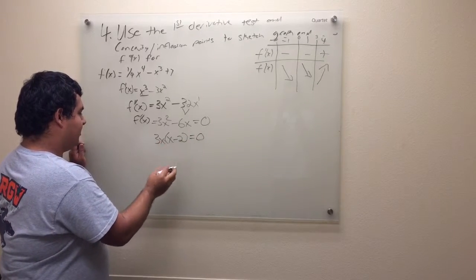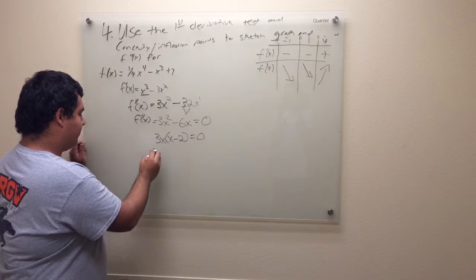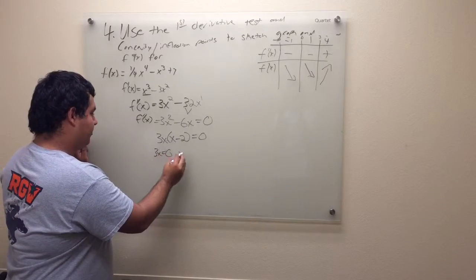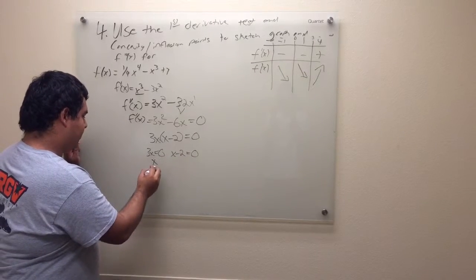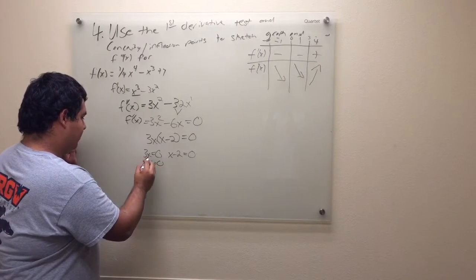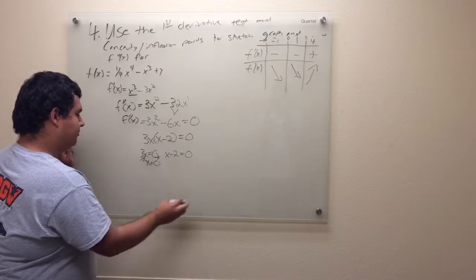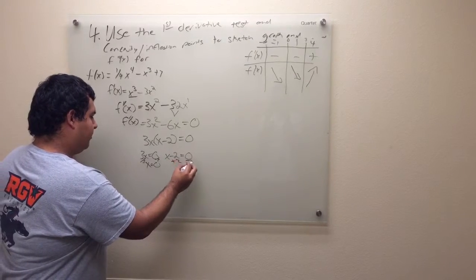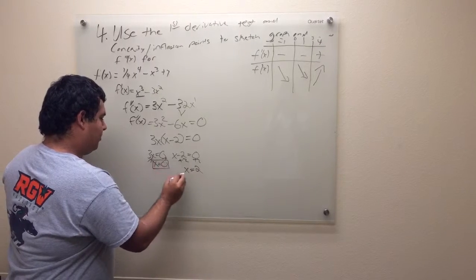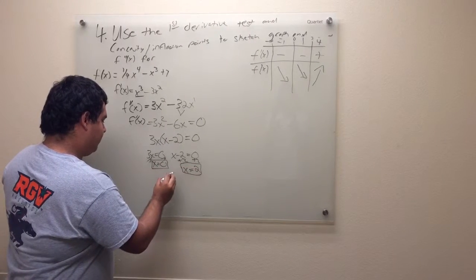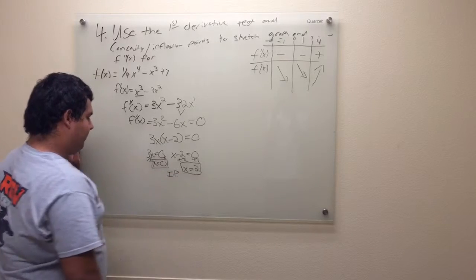Since they're multiplying, you could separate them both to 0. And then here you'll get x equals 0, because 0 divided by 3 is still 0, plus 2, so you get x equals positive 2. And these are the inflection points.